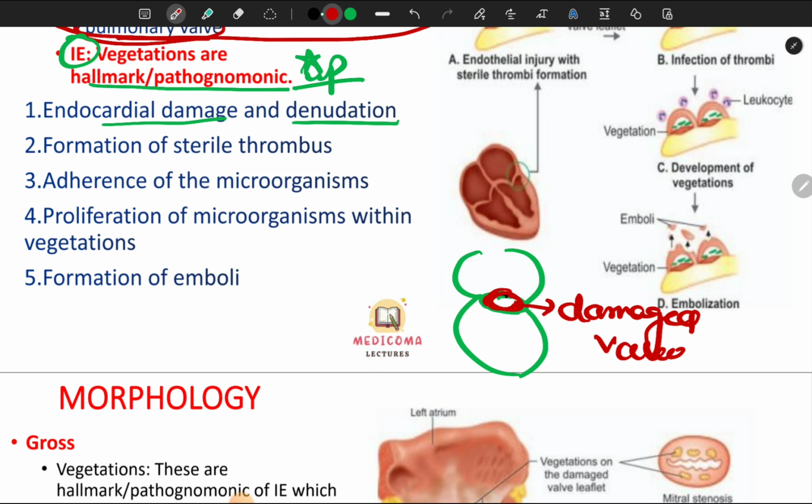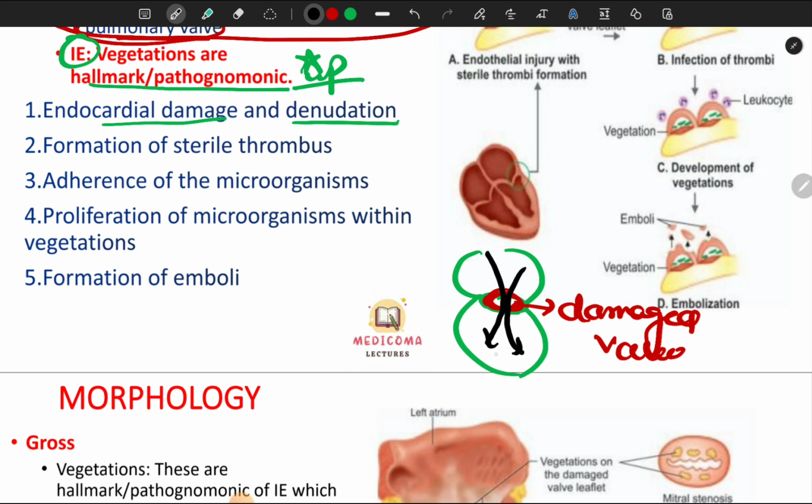Due to this narrowness, blood comes through at very high speed at the center and produces turbulent flow at the periphery. This high speed causes endocardial damage and denudation of the endothelial surface.